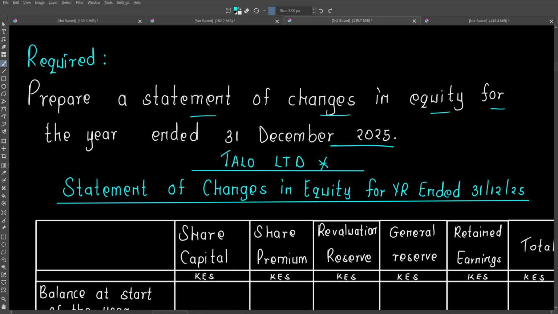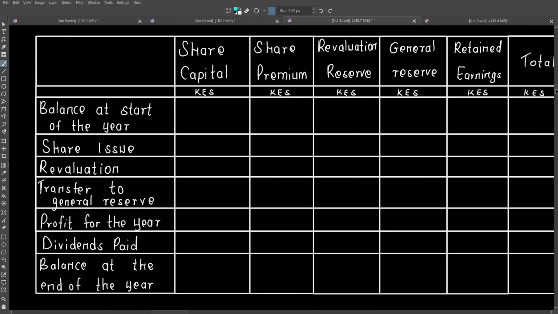So we indicate the name of the company, Talo Limited, and then we indicate which statement it is, as usual, and also mention the period in full, please. Then let us look at the format of this statement.